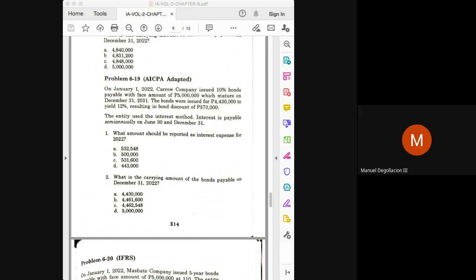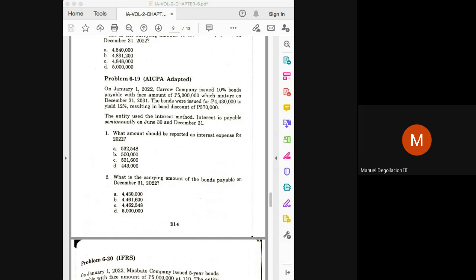How much was the interest expense for January to June? It's 265,800. You add that with the interest expense for July to December, which is 266,748, and that would be our total interest expense for 2022. You add those two, you would get 532,548, which is letter A in the choices.